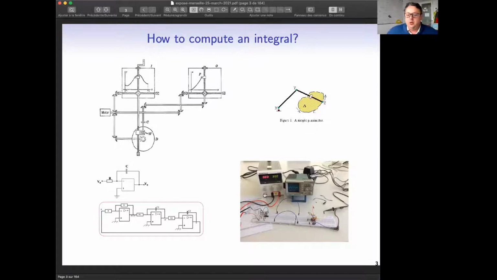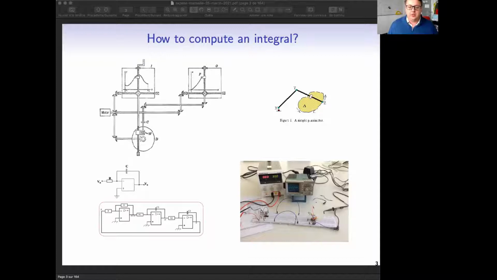Okay, I told you about computing integrals, but I should have said which integral I want to compute. Here it was the integral of a function, but if I want to compute the integral of a surface, then you can also use tools like this one, which is a planimeter. This is a mechanical tool to compute integral surface using Riemann's theorem. You move a cursor along a closed curve and you read on a cursor the value of the integral.